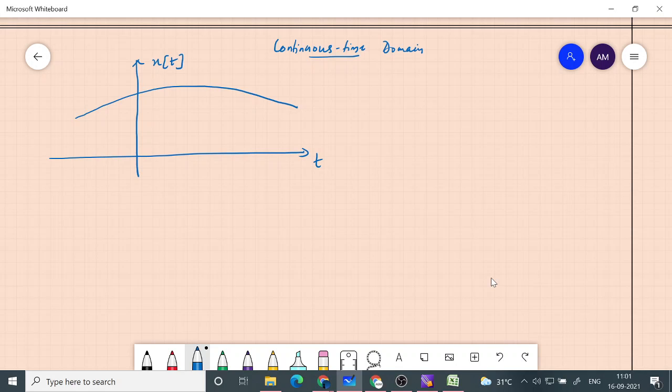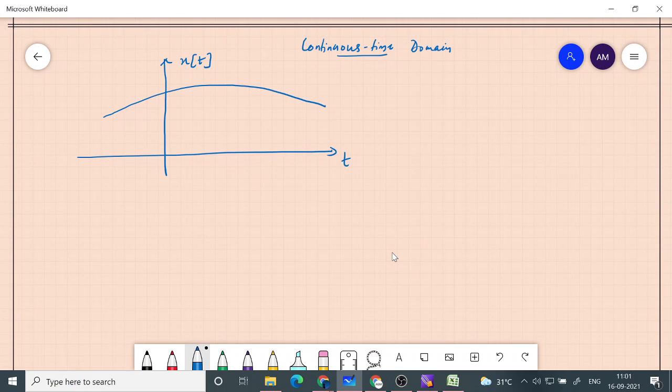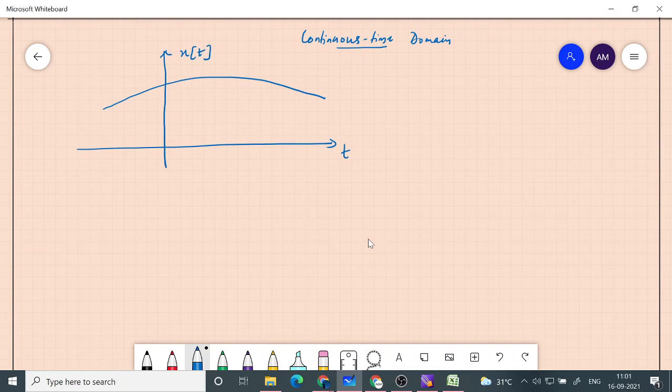We will proceed in the following manner. First of all, we are going to try to approximate this function by using a pulse function. So let me define what a pulse function is.